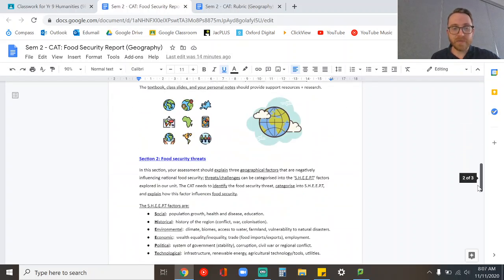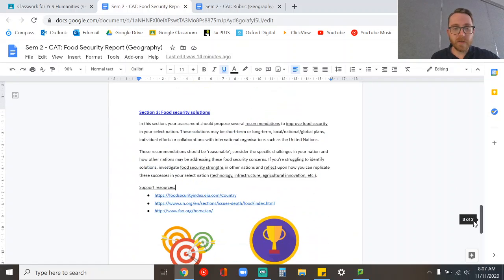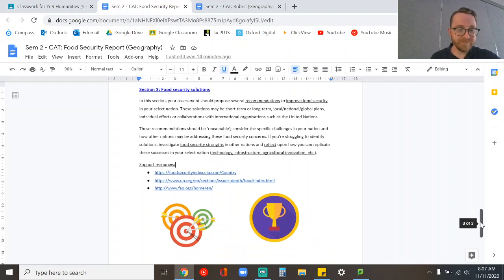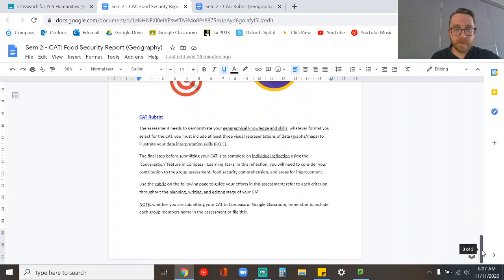And also if you select, let's say, food security in Singapore, which is like the best country in the world in terms of food security, it's going to be really hard to come up with threats and solutions. So what I recommend is selecting one that does have some threats, some areas for improvement, so that you can, 1, identify them and explain them, and then 2, address them in section 3. So don't pick the perfect country for this CAT. It's just at that start. Sorry. Anyway, we are at the end of the instructions.